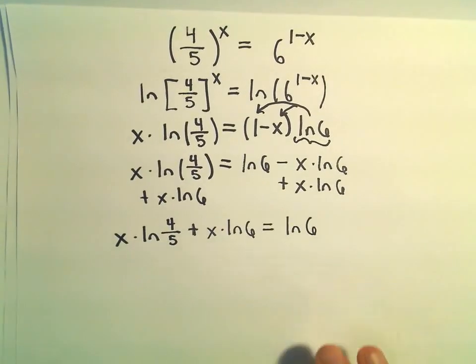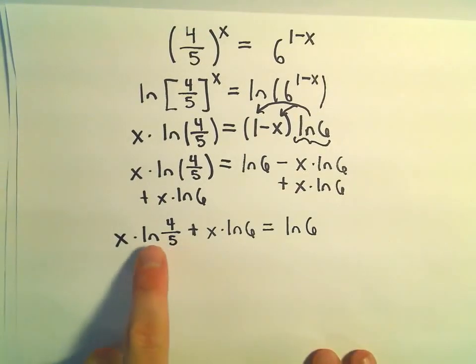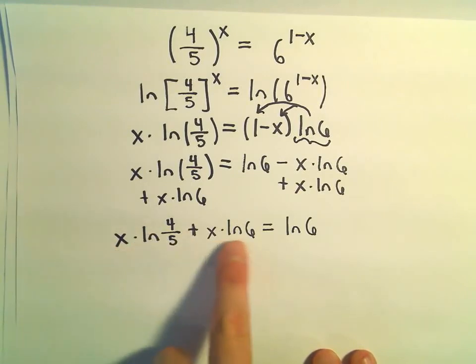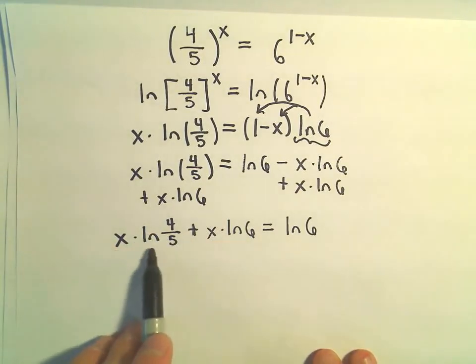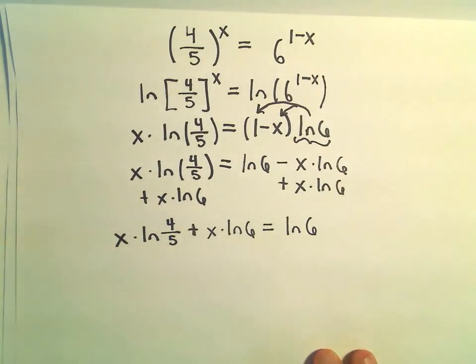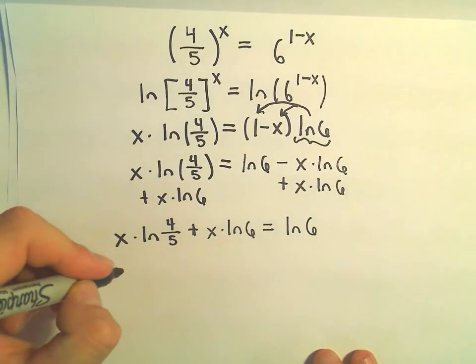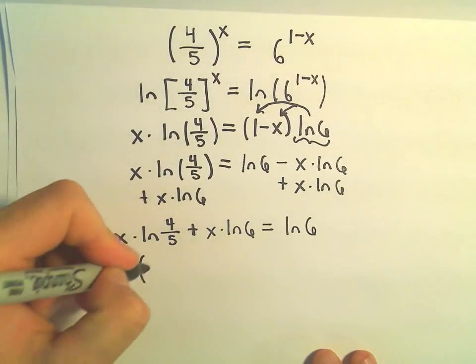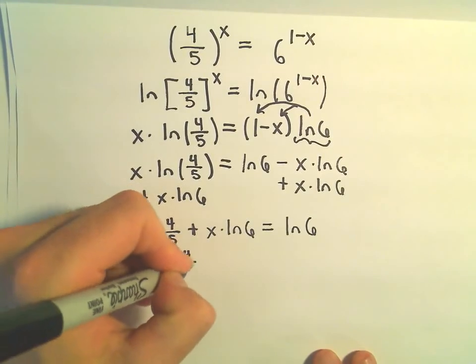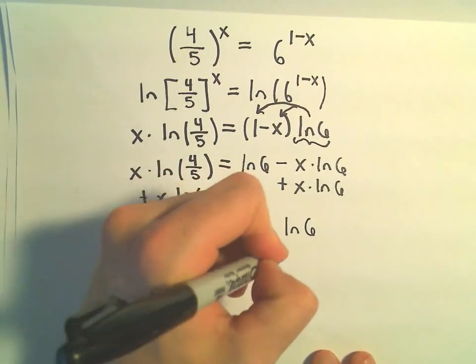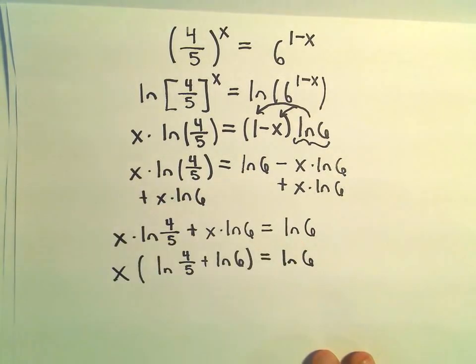And if we had nicer numbers, say 4 and 6, we would just add 4x and 6x. But ln of 4/5 and ln of 6, well, I'm not too sure. You could always put it in a calculator, but the idea is, algebraically, you can just factor out the x. And then we have ln of 4/5 plus ln of 6. On the right side, we still have ln of 6.